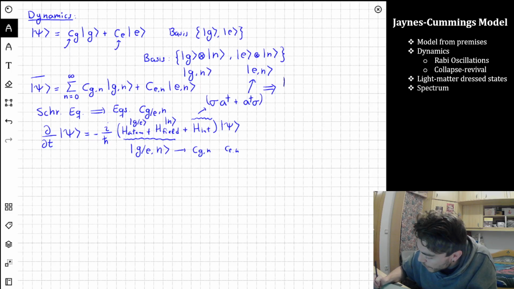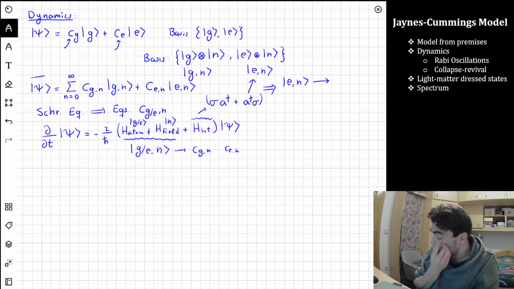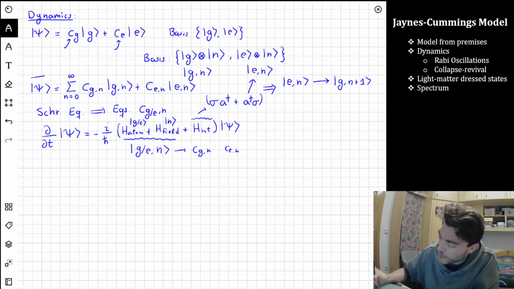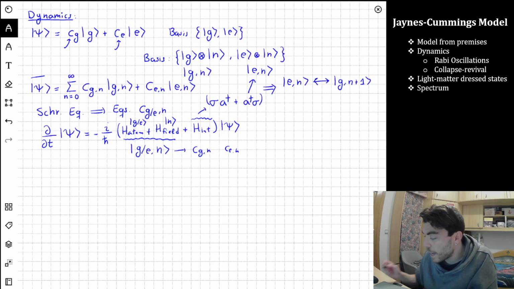So if I have a state, let's say E n, arbitrary, the only coupled state with this Hamiltonian is a state G n plus 1, and vice versa. If I have G n plus 1, this Hamiltonian would give me E n.